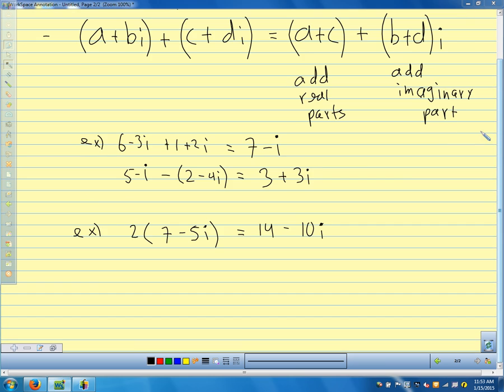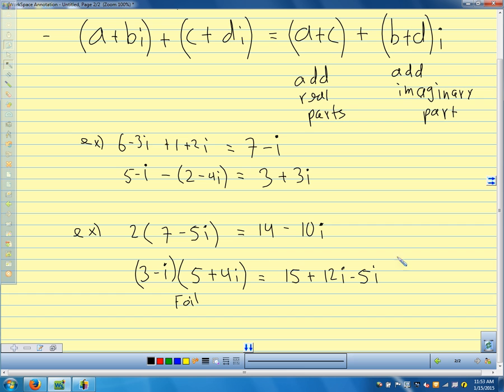So let's extend that and say what would we mean if we were saying 3 minus i times 5 plus 4i. What are we going to do here? FOIL. We're going to FOIL this. Foiling is a way for us to remember how to distribute properly. First, 3 times 5 is 15. Outside we get plus 12i. Inside we get minus 5i.